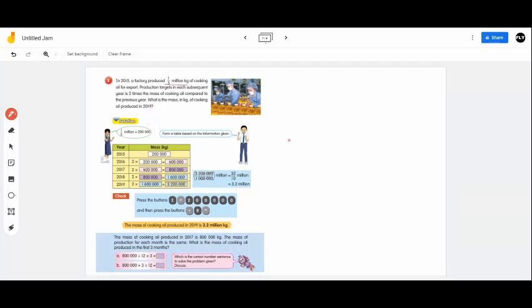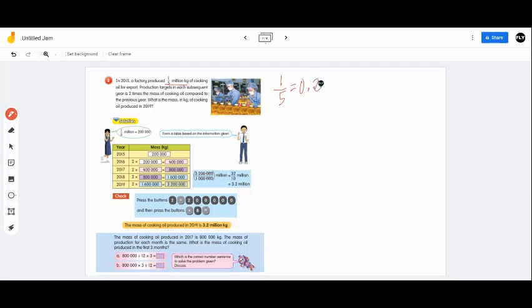Okay. Look at the question. 1/5 million is not a whole number. It would be easier for us to convert it to whole number first. 1/5 is actually 0.2.